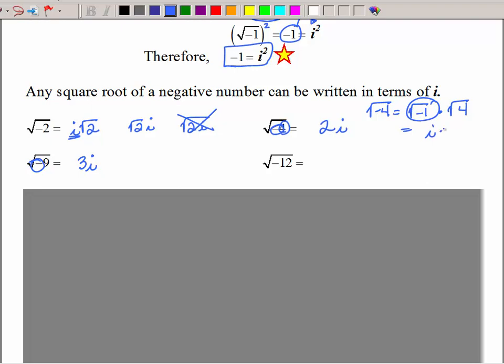That part is the i, and that is the 2. So that's how I'm getting 2i. So for the square root of negative 12, remember we can break that apart. We can take out a 2 and leave a 3, but because of that negative, that's that square root of negative 1, we're going to rewrite that in terms of i.